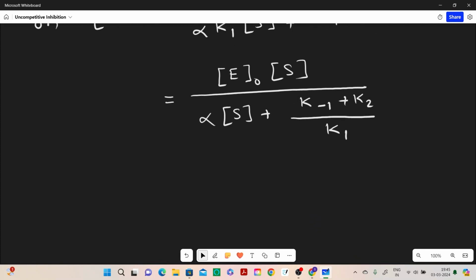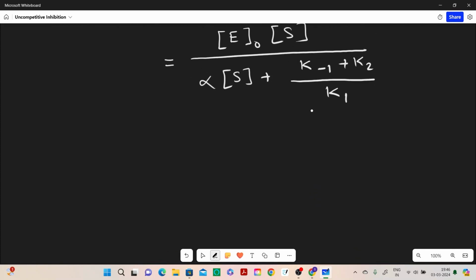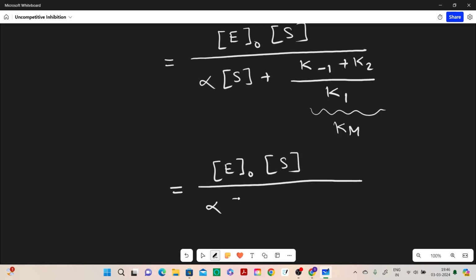Now if you have seen my previous videos, you know that we can write this part of the equation as Km, or the Michaelis constant for this particular reaction. So we can write this down as E naught S divided by alpha S plus Km.